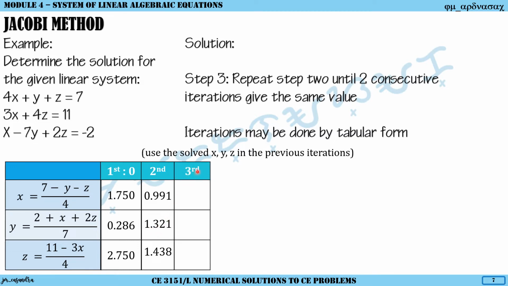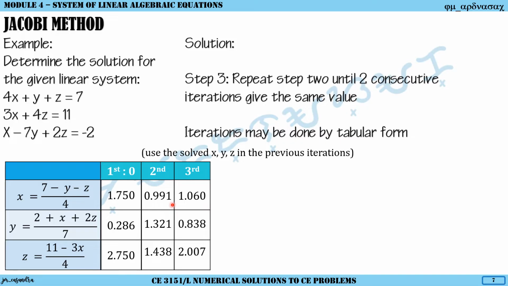So for the third iteration, the values I will use are the values computed in our previous iteration. So 7 minus 1.321 minus 1.438. So it will now be 1.06. Then we have y is equal to 2 plus x plus 2 times z. So that's equal to 0.838. Then for z, that is equal to 11 minus 3 times the computed x divided by 4.